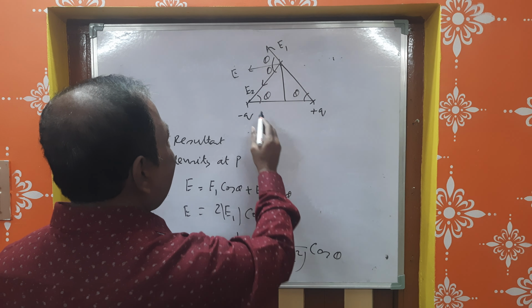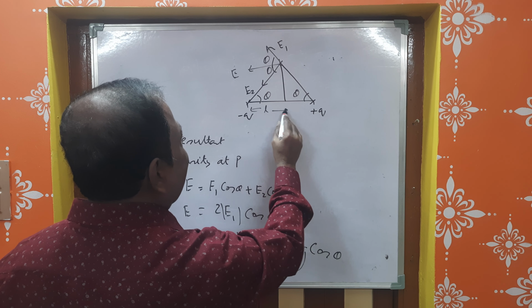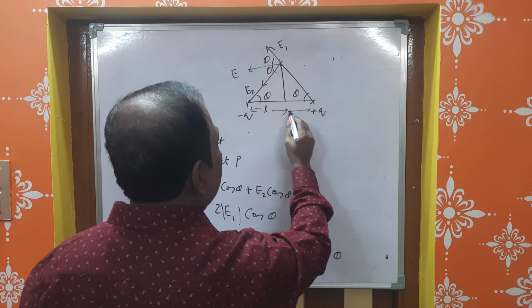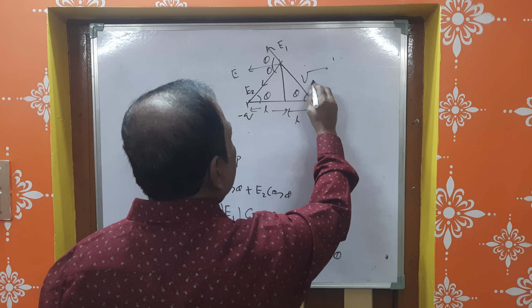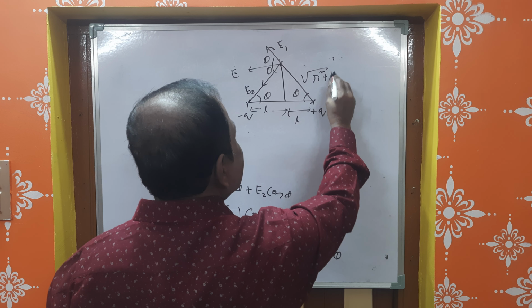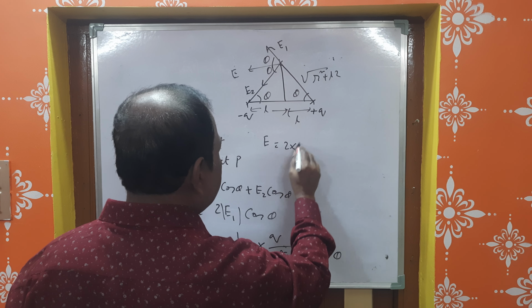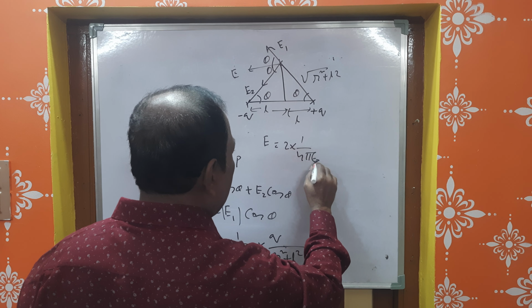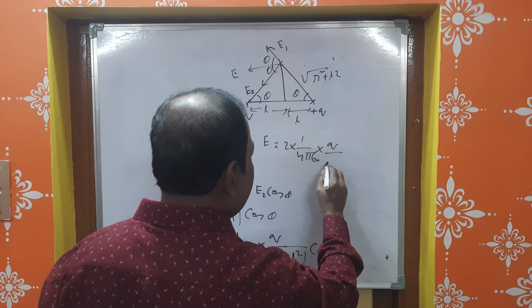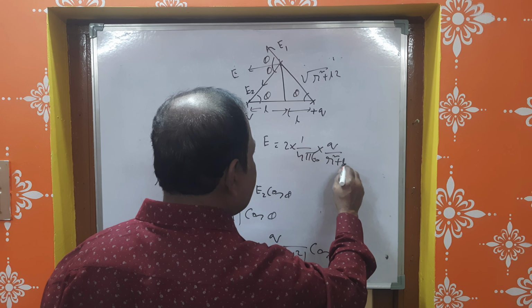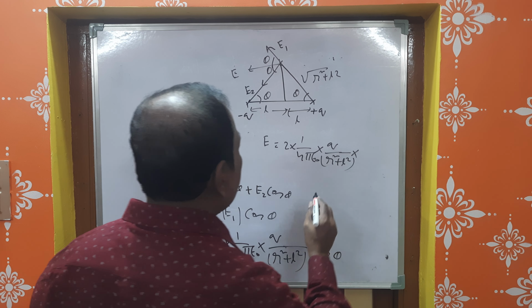What is cos theta? This length is L, and the hypotenuse is root over R square plus L square. So E is equal to 2 into 1 by 4 pi epsilon naught into Q by R square plus L square into cos theta.